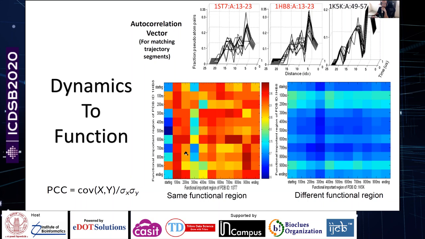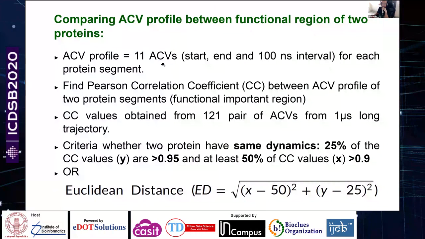So we found out the thresholds. This was the criterion that we had. If you had 25% of the elements with correlation value greater than 0.95, and at least 50% of all the correlation values greater than 0.9, then we would deem that the two proteins have the same dynamics.